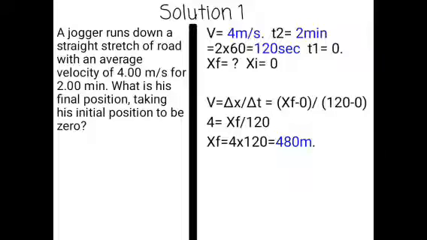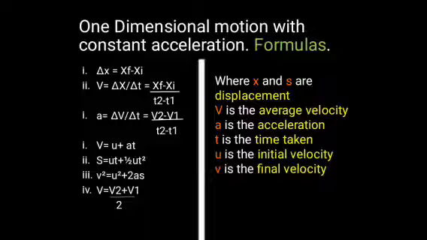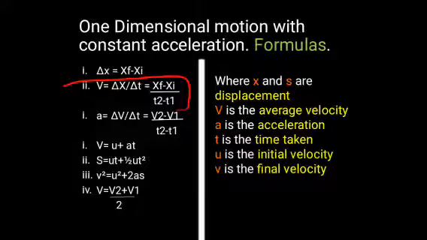So we are asked to find the final position of the jogger when its initial position is 0. From the list of formulas I gave earlier, only the second formula contains velocity, time, and displacement only. So definitely we'll be using the second formula.